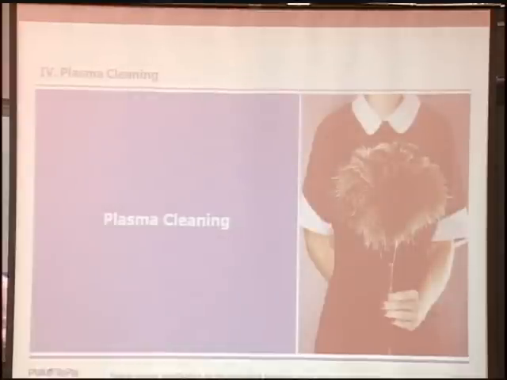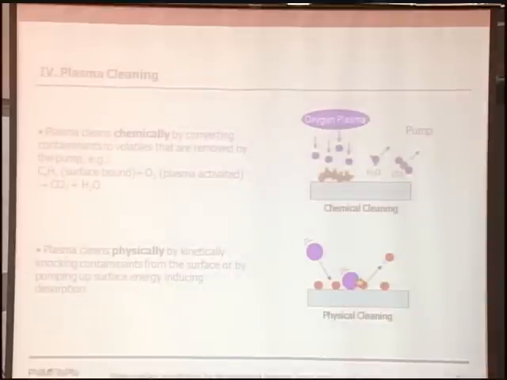Okay, let's talk a little bit about some of the applications. A lot of the applications that come through our facility is for cleaning, precision cleaning of parts. And again, we talked about it in the introduction. There are two ways to clean the surface. Let's say if you have a hydrocarbon contaminant on your surface and you want to remove it.